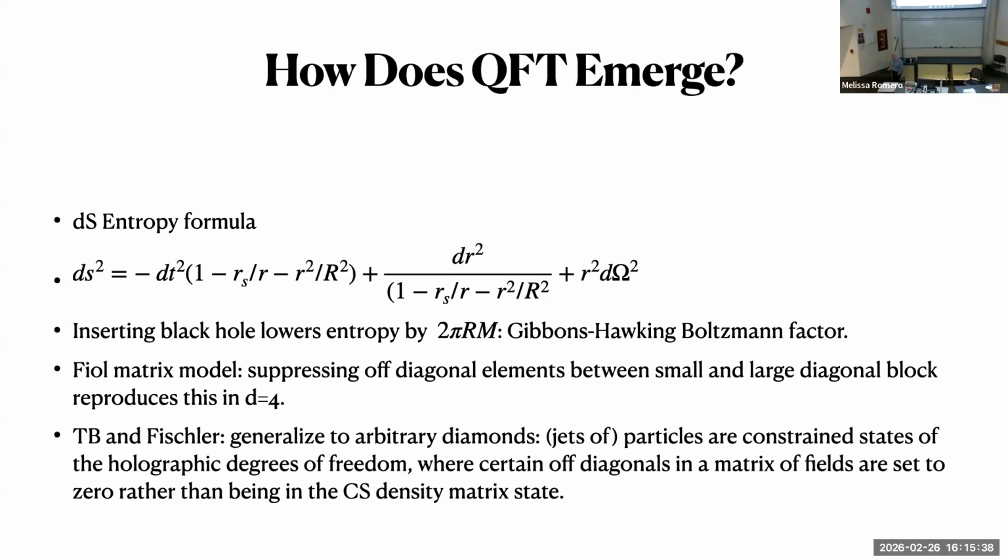Now, let me show you the real reason that I believe that argument that putting something local into an empty causal diamond reduces the entropy. So this is a formula that's been known, I think, for more than 50 years. This is the metric of a Schwarzschild black hole, but in de Sitter space.